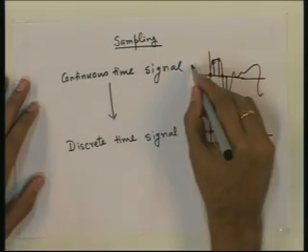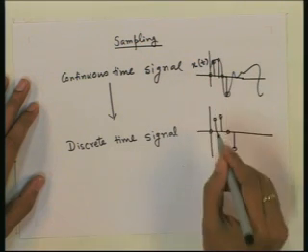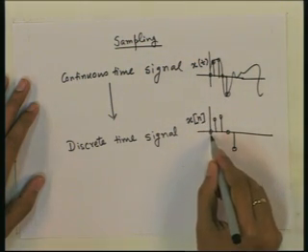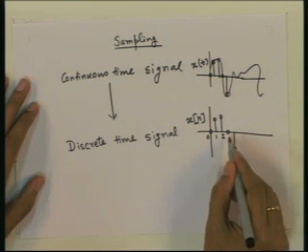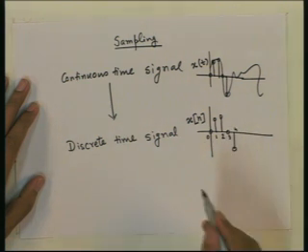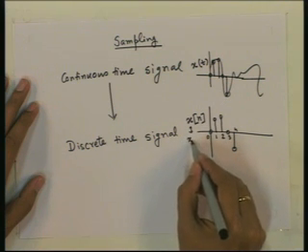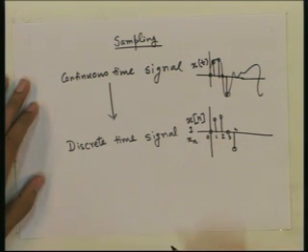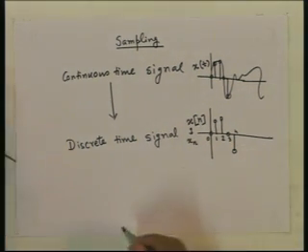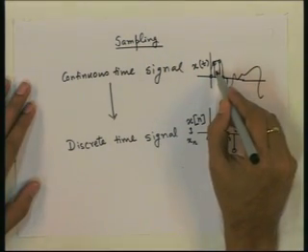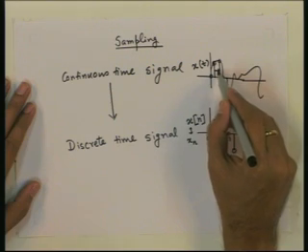So, if this signal is represented by x(t), then this will usually be represented by x[n], where n is 0, 1, 2, 3, 4 and so on, or sometimes x subscript n. So, this is a discrete time signal. Now, when we discretize the signal, first we have to fix a gap between the samples.